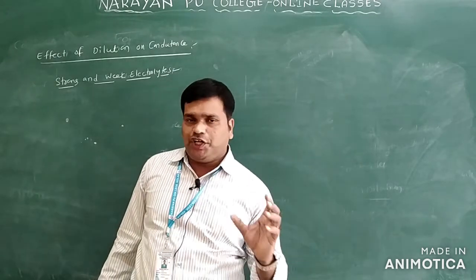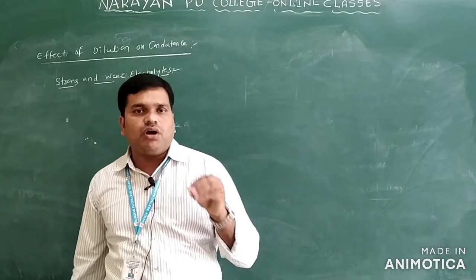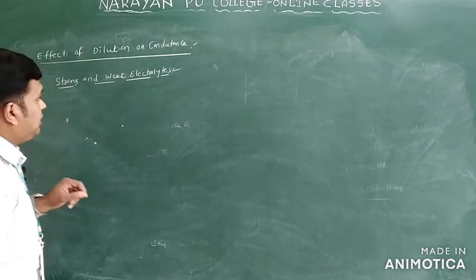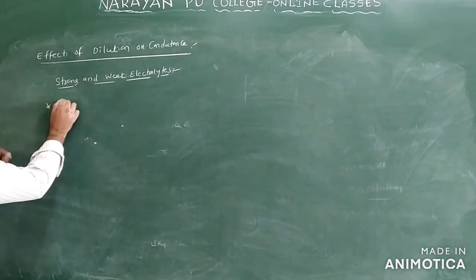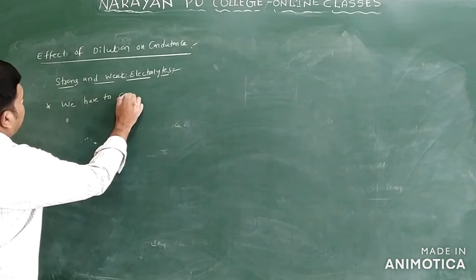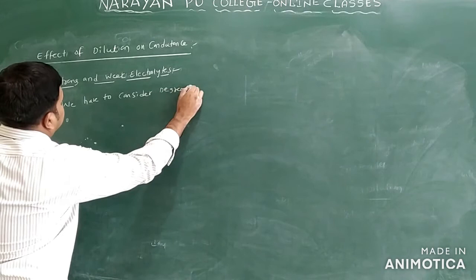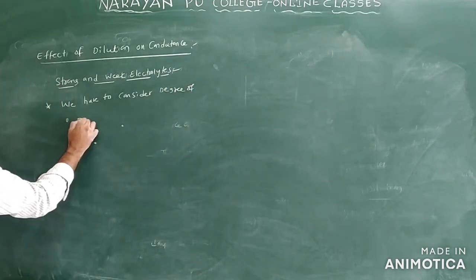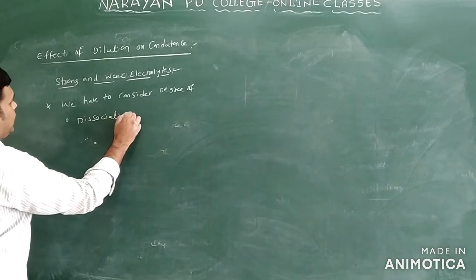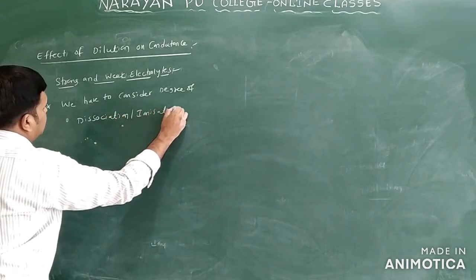Particularly we are talking about the conductance of the solution for the strong electrolyte and weak electrolyte only. If you want to compare strong and weak electrolyte, we have to consider the degree of dissociation, or you can say ionization only.